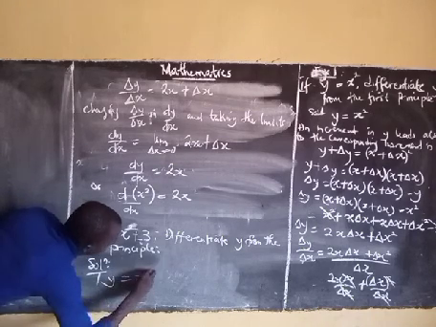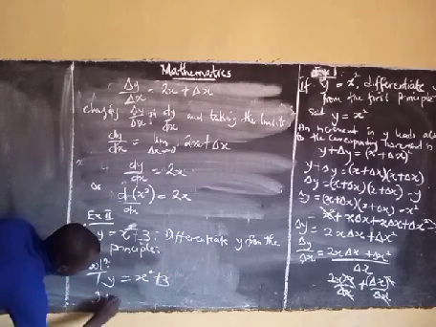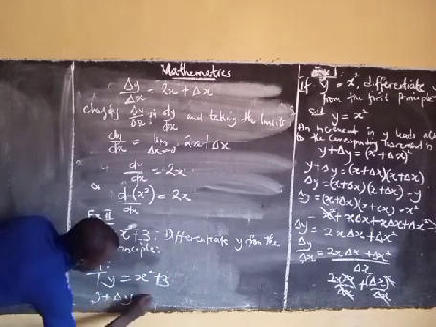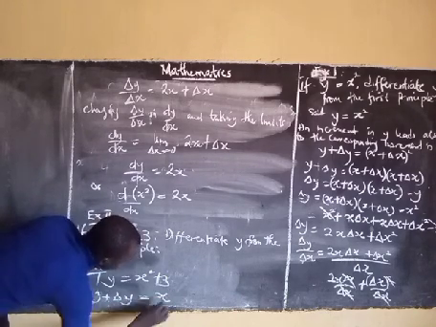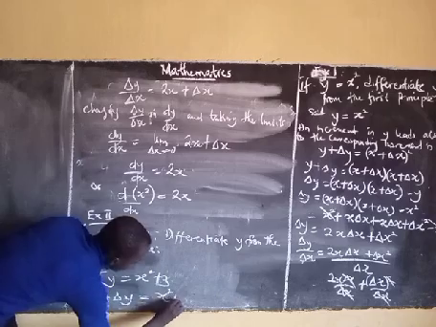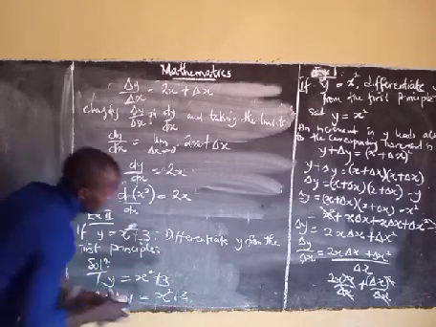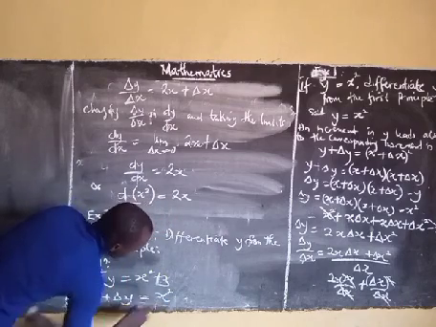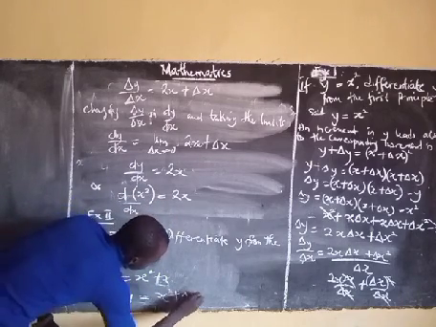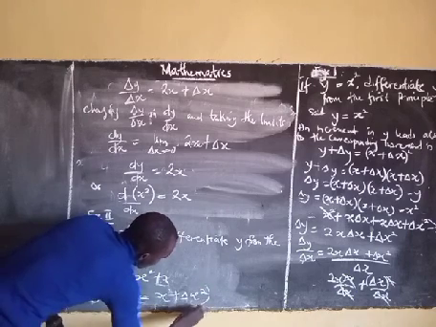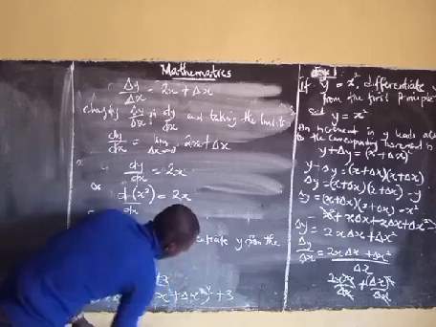And we have y equals x squared plus 3. And we now say y plus change in y equals x plus change in x, squared, plus 3.